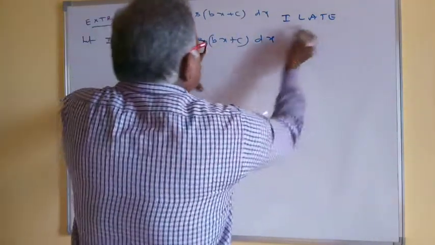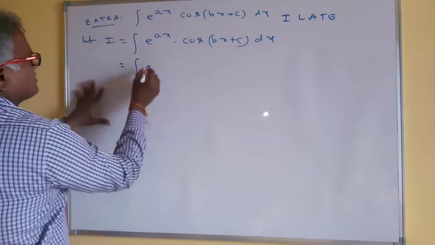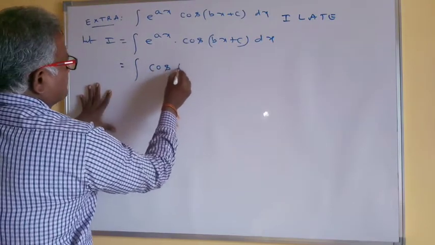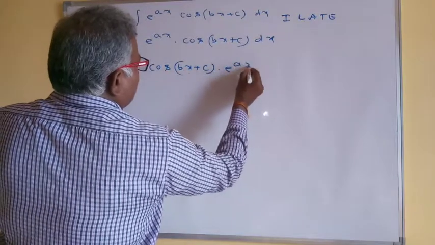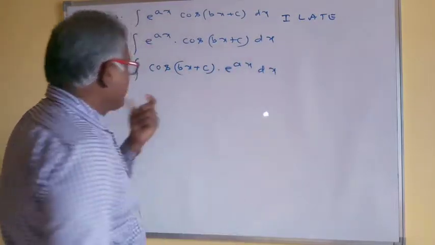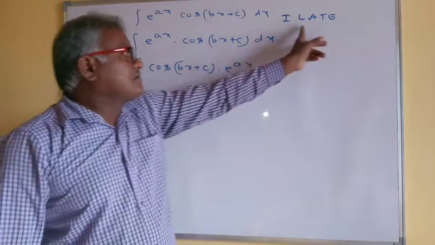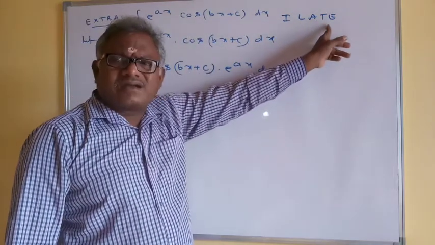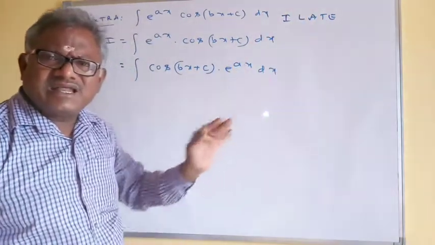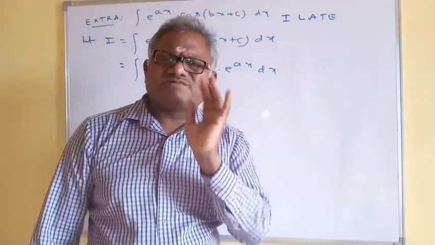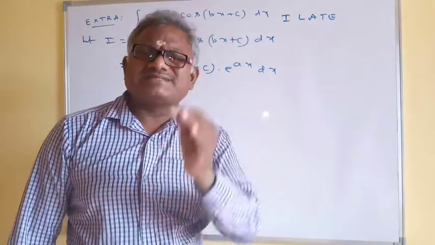Trigonometry, the T letter. So this is the first function. First of all, you should write the first function. Have you clearly understood this? According to the order of the letters of the word ILATE, T comes first. So consider the trigonometric function as the first function and the exponential function as the second function.